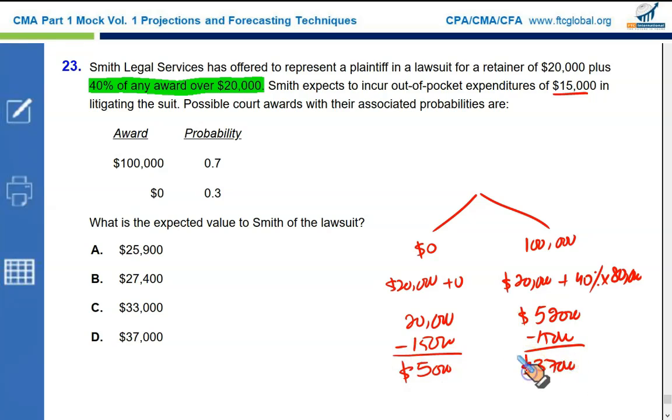Now, the probability of no award is 30%, and probability of 100,000 award is 70%. So this 5,000 amount is 30% probable, and this $37,000 amount is 70% probable. So if you take 30% of 5,000 plus 70% of 37,000, what you get is 27,400, and that perfectly matches with your option B.